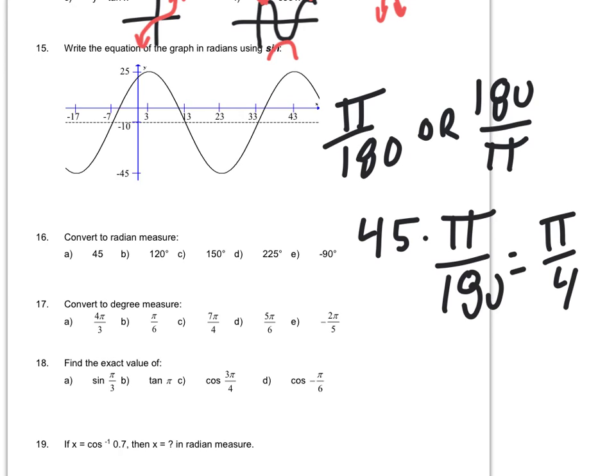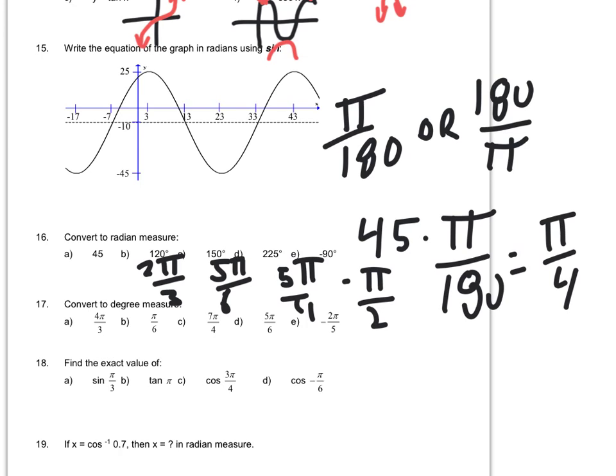Okay, so for B, the answer is 2 pi over 3. C is 5 pi over 6. D is 5 pi over 4. And E is negative pi over 2.